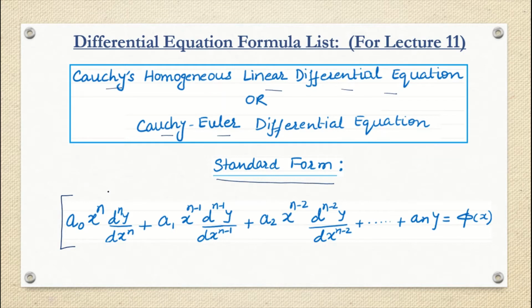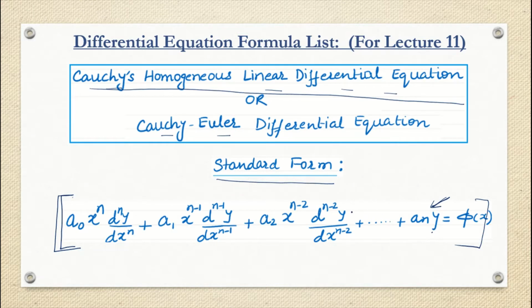Okay, so the very first thing: if you see this complete name, we know that this is a differential equation if we look at this special form. Why am I calling this a differential equation? The reason is that we have the dependent variable y, and the derivatives of the dependent variable are also present.